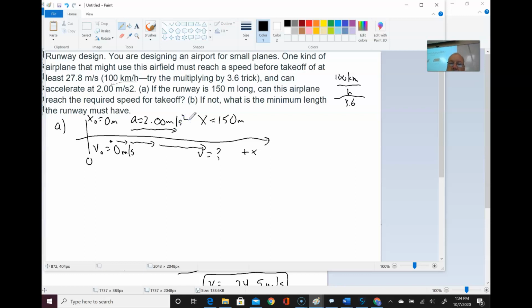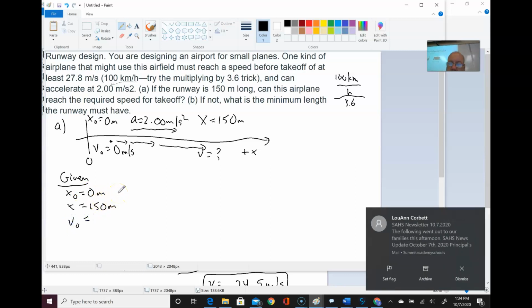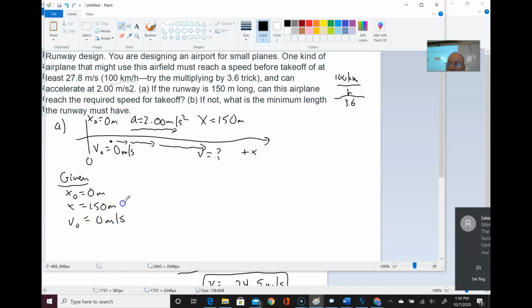Okay, so now that I've gathered all this wonderful information, I can write it down in a way that's useful to me. I can write it in a list. So I can say x0 equals 0 meters, x equals 150 meters, v0 equals 0 meters per second, and I don't know what v is.